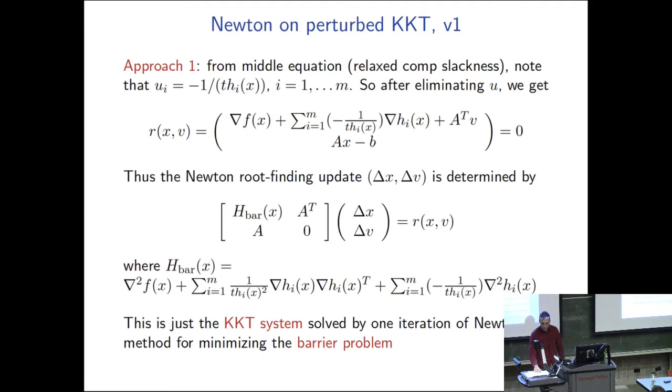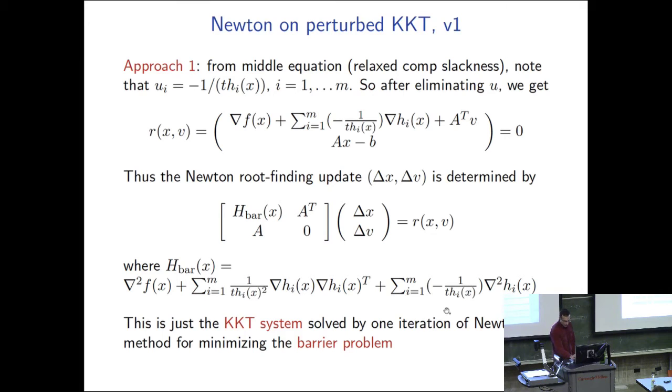So equality constrained Newton's method on this problem exactly takes updates of this form, where H is the Jacobian of this with respect to x, which is exactly equal to the Hessian of f plus the sum of 1 over t times h_i squared times the outer product of grad of h_i, plus the sum of minus 1 over t times h_i times the Hessian of h_i.